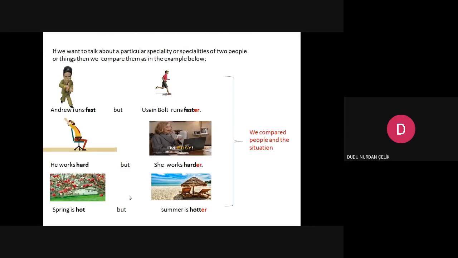Here we have got some sentences. If we want to talk about a particular specialty or specialties of two people, two things, then we compare them as in the example below.